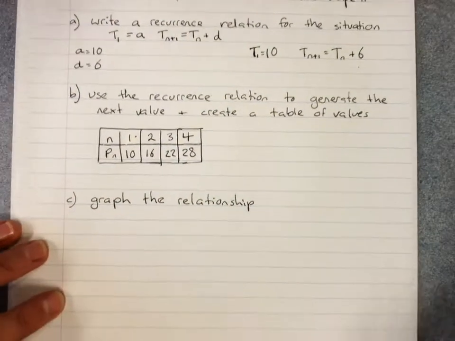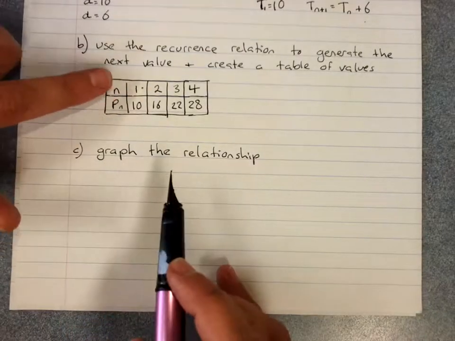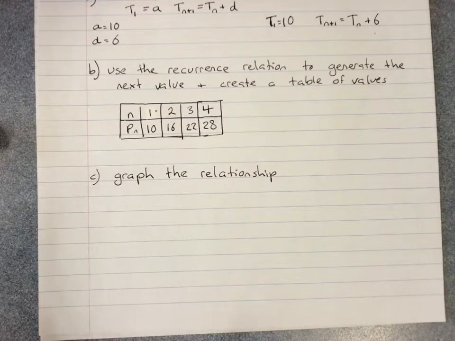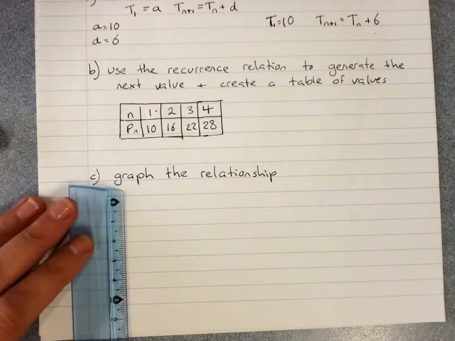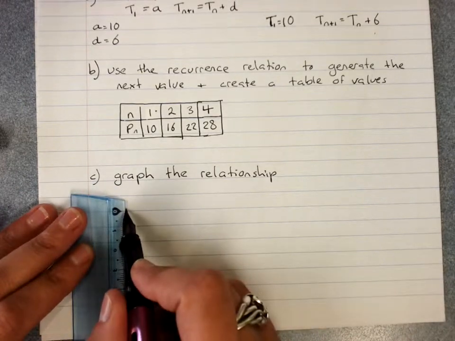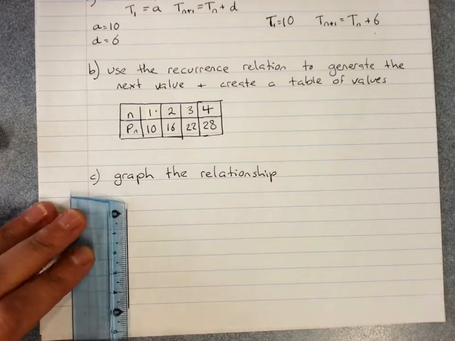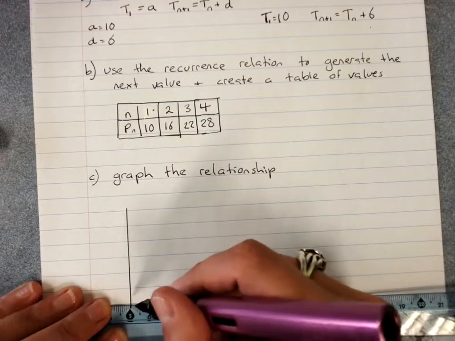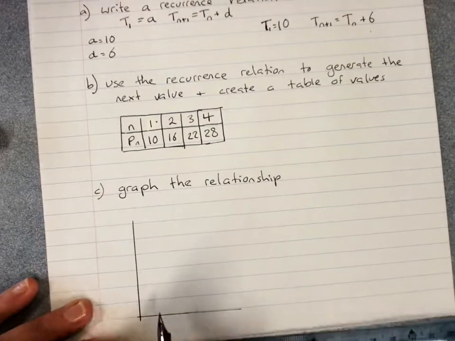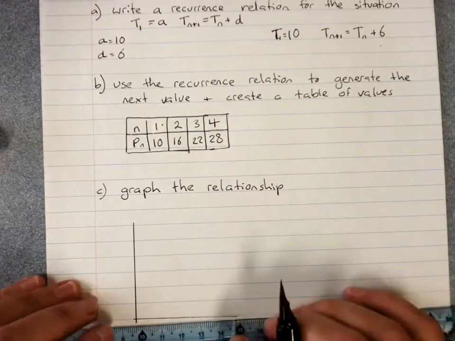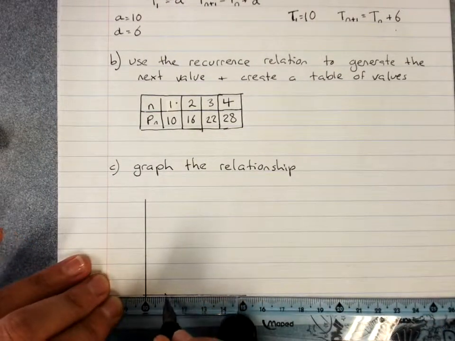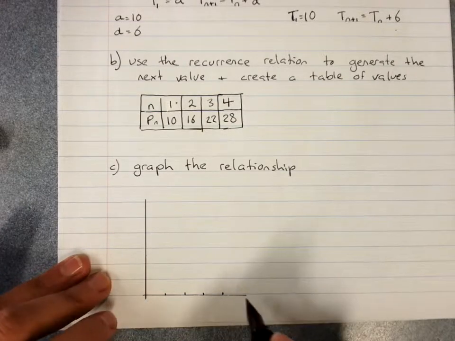To graph the relationship, we're just graphing y over x. Probably better off using graph paper, of course, for this. Measuring your gradations, you'll only need 1, 2, 3, 4 on the bottom.